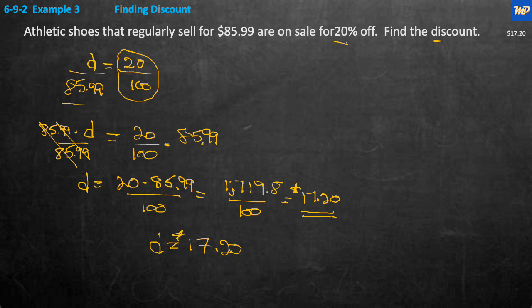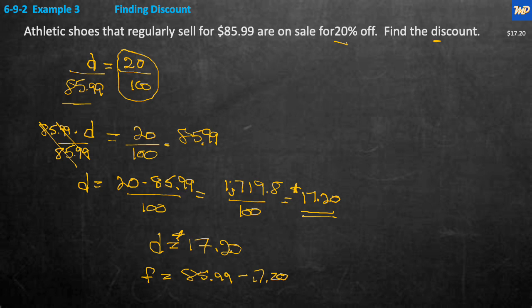The final price would be what? We would take the $85.99 final price. So I'm going to say F for final price is equal to $85.99 minus $17.20, and then whatever that comes out to. Let's get the calculator going.